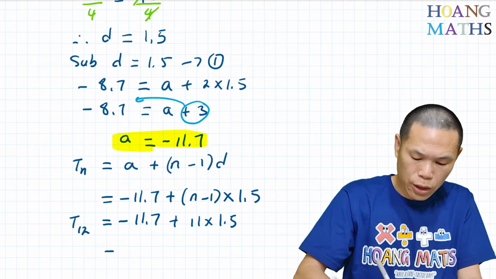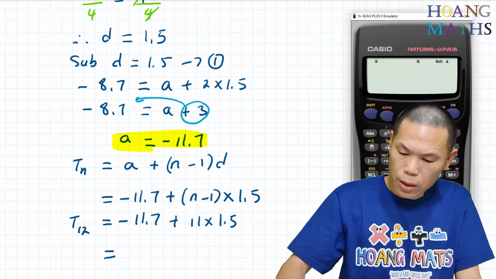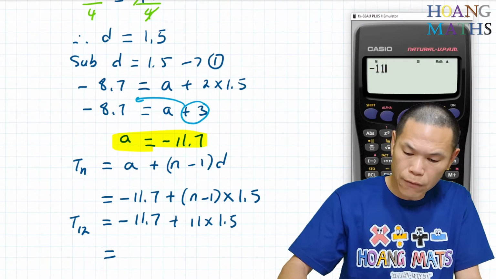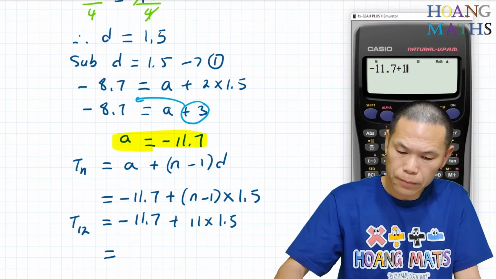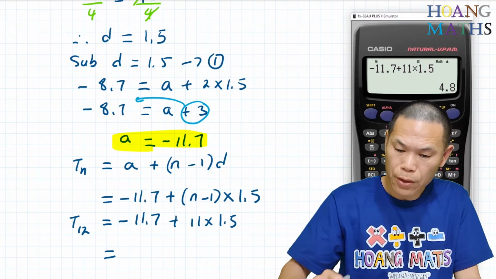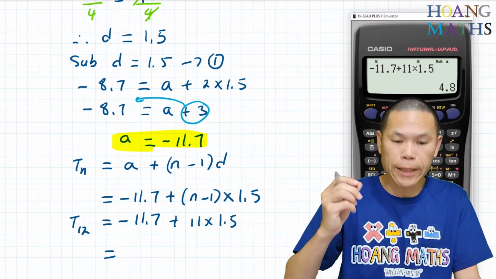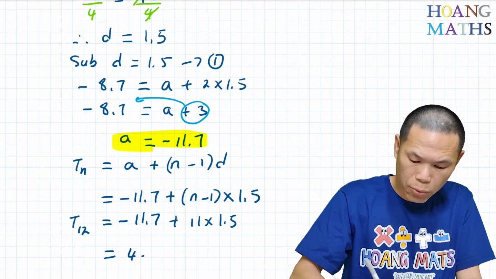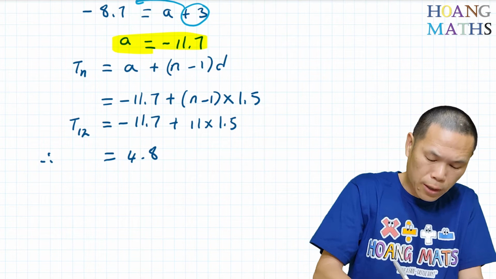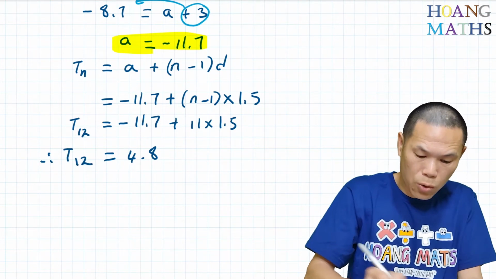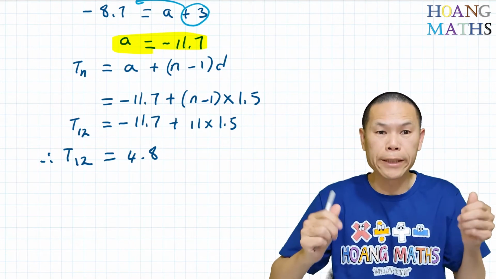So now that should give me negative 11.7 plus 11 times 1.5. So there you go, 4.8. Therefore, T12 is equal to 4.8.